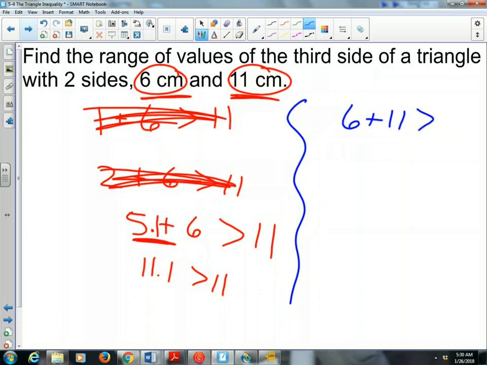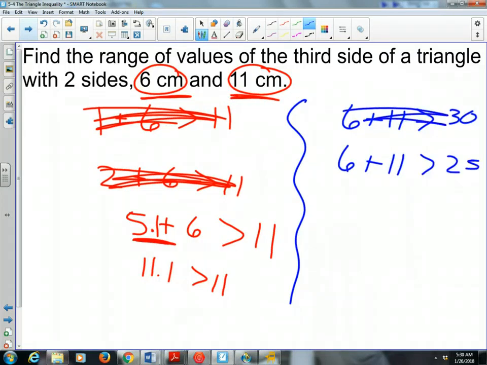So I couldn't have a side of 30 centimeters because 6 plus 11 has to be bigger than the third side. So could I have 25 centimeters? Is 6 plus 11 greater than 25? No, it's not.